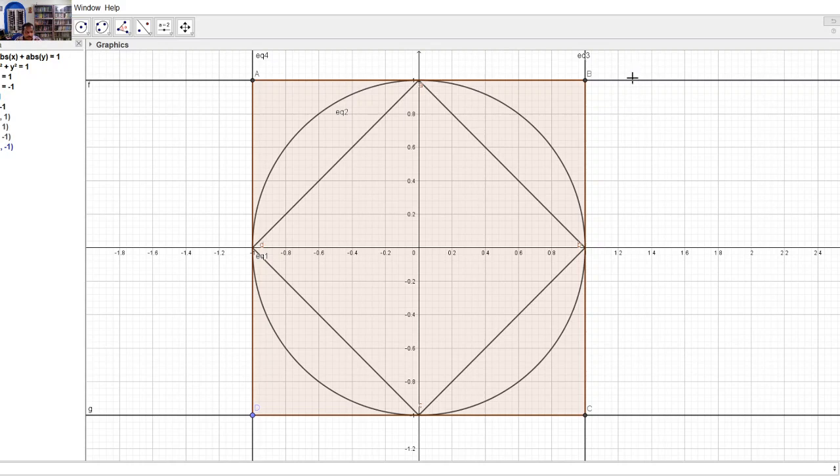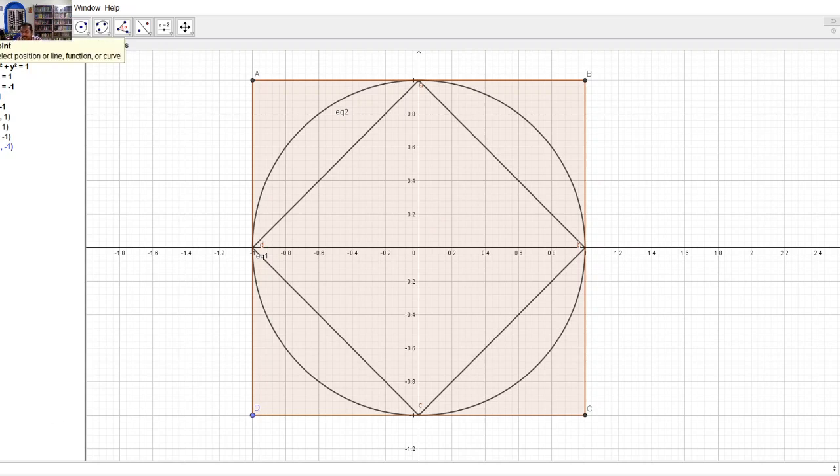We have this. So this is the unit circle in R2 with the sup norm. So this one, ABCD.